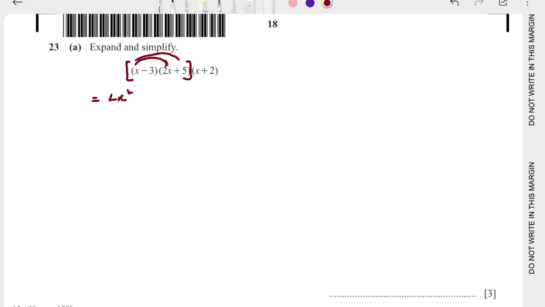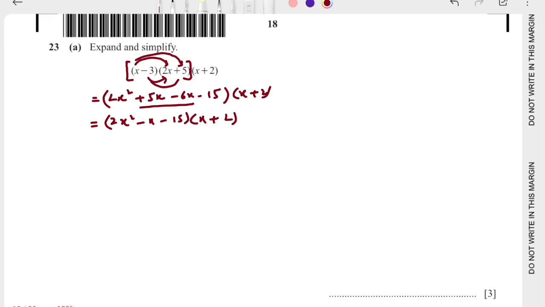Now x times 5 is equal to plus 5x, then minus 6x, then minus 15, then multiplied by (x + 2). So we'll simplify: 2x², simplify the like terms, minus x, minus 15.